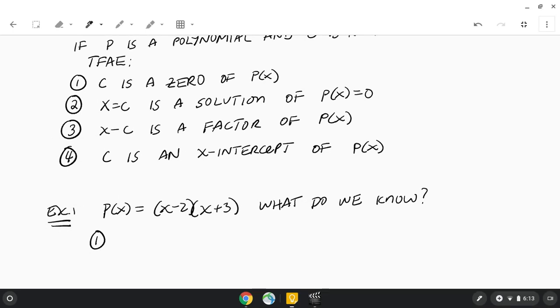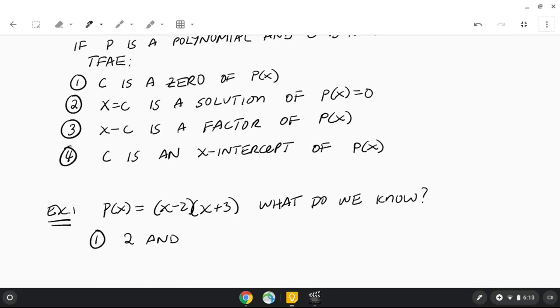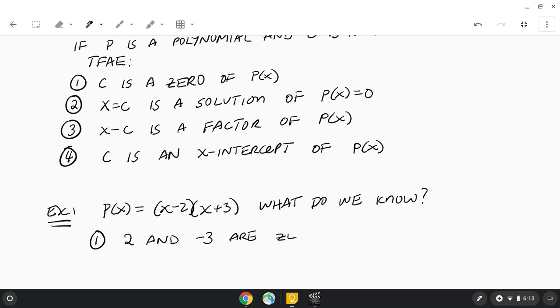If that's my factored form of my polynomial, then I know that x equals 2 and x equals negative 3 are zeros.